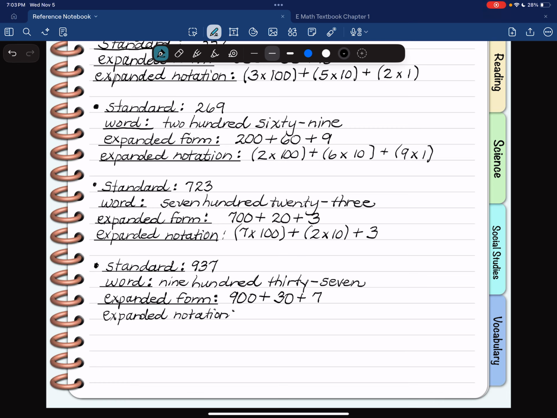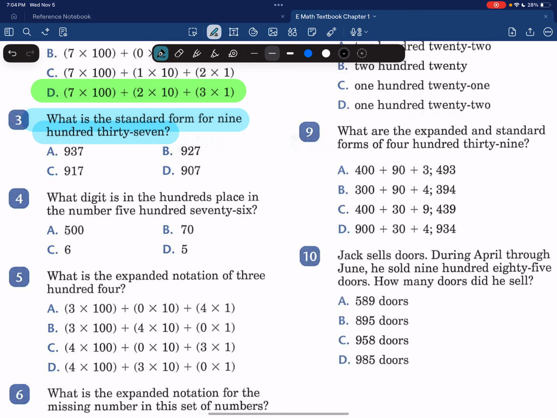And this is where I think about banknotes. I would have 9 $100 bills plus 3 $10 bills plus 7 of the $1 bills. And the form they want is standard form, 937. So that would be A.